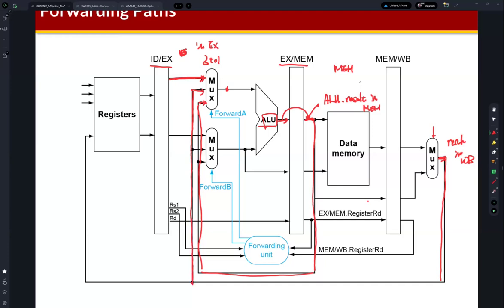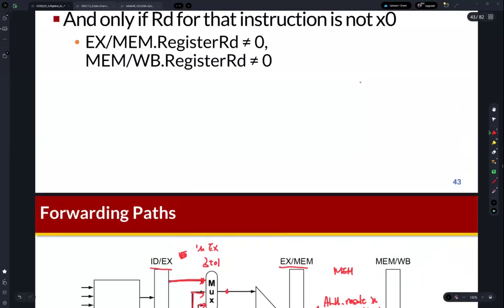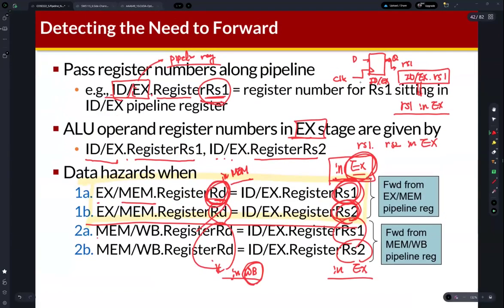We check the RS1 and RS2 in the EX stage, and then we check the equality of RS1 and RS2 with the RD in the memory stage. In this case, we check the equality of RD in the memory stage, which means the result needs to be forwarded from the memory stage.